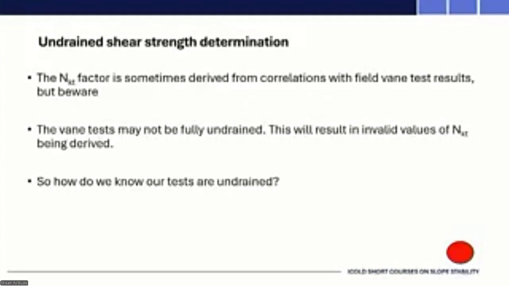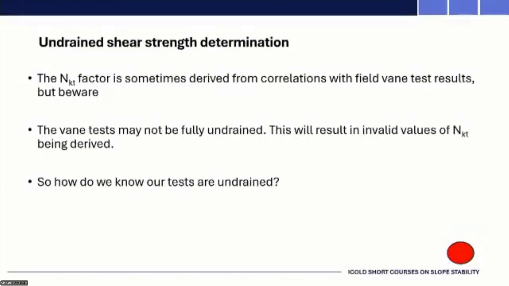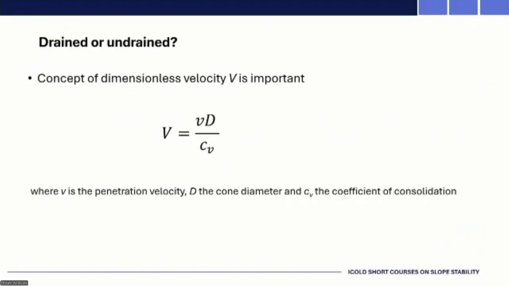You're saying, this is my undrained strength, so from this CPT, this is what the undrained strength should have been, so now I can work out what my NKT is. All kind of reverse logic. But you need to make sure that your field vane tests are truly fully undrained. So, NKT values of 32, it's like, maybe not.